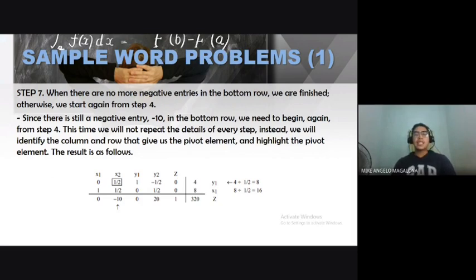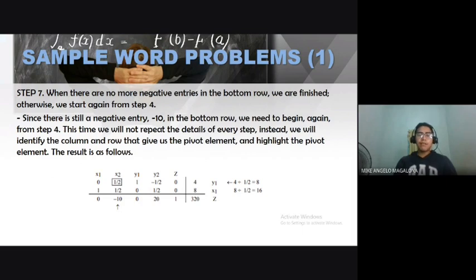Since there is still a negative entry, the -10 in the bottom row under x sub 2, we need to begin again from step 4. This time, we will not repeat the details of every step. Instead, we will identify the column and row that give us the pivot element and highlight it. The result is as follows.